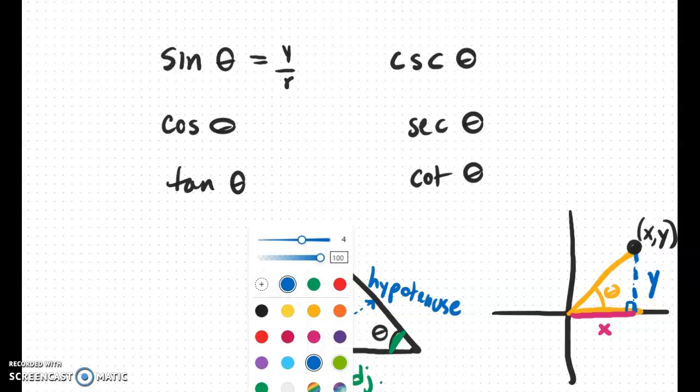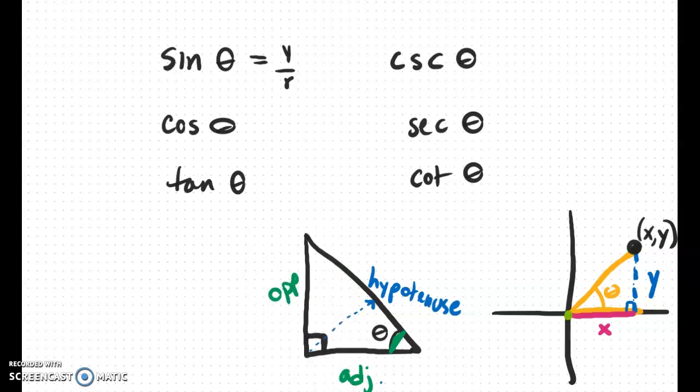And then from the center to the point is considered r, or the radius. And we can find that using the distance formula. So r is plus or minus the square root of x squared plus y squared.